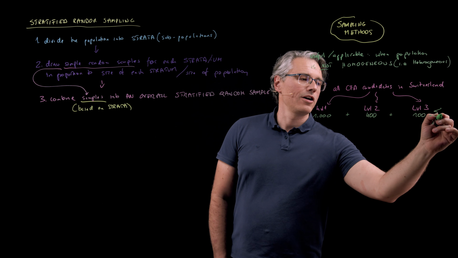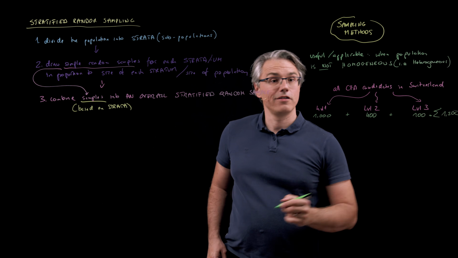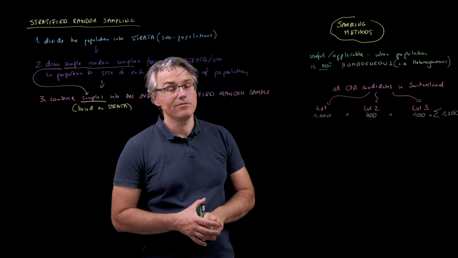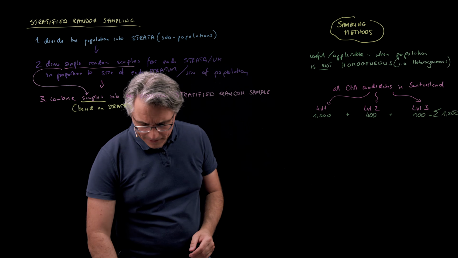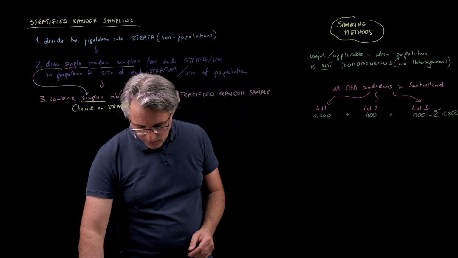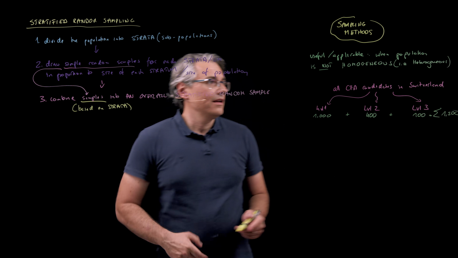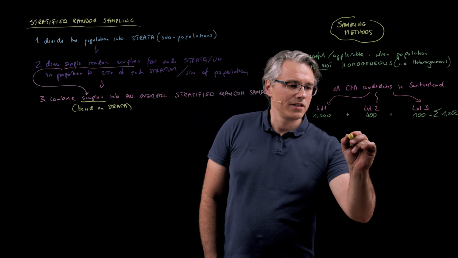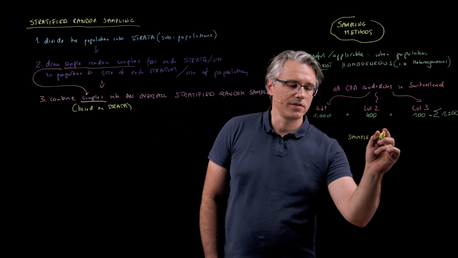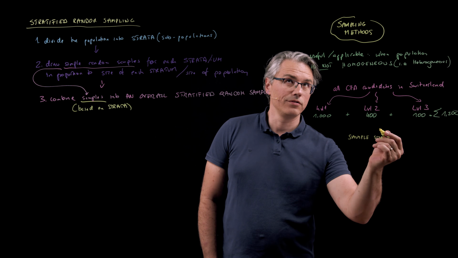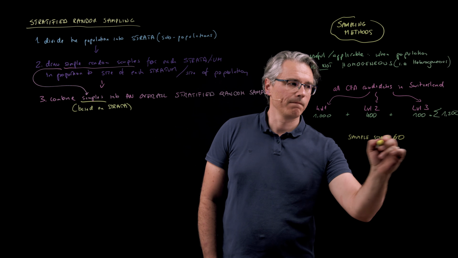So the size of the overall population is 1,500, but we have also knowledge about the size of each individual level population or subpopulation. And let's say we want a sample size, overall sample, equal to 60, right?